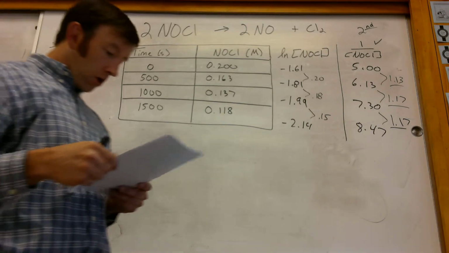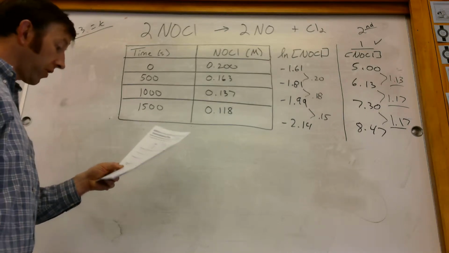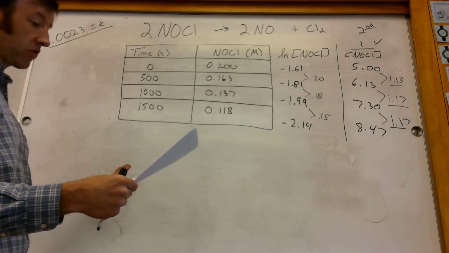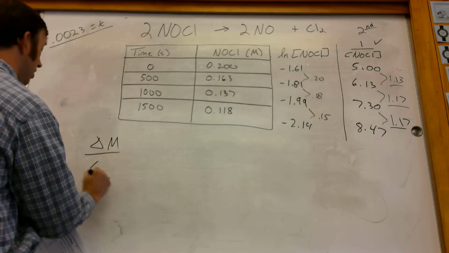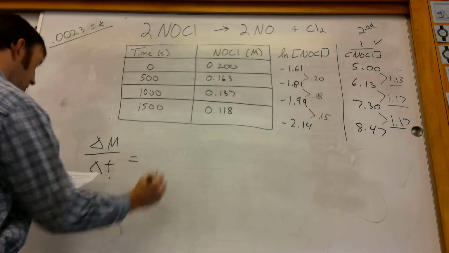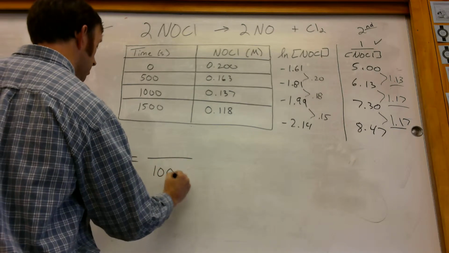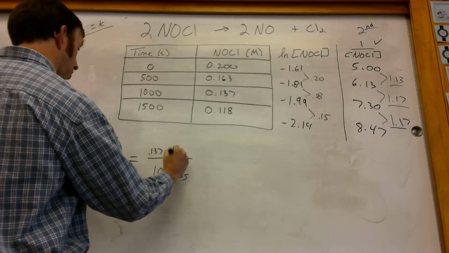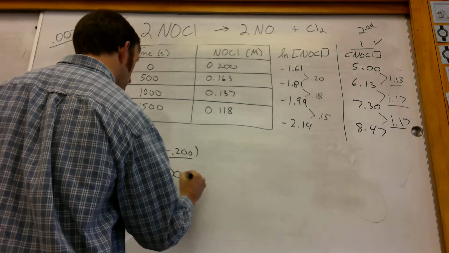All right. So letter D, it says what's the average rate of reaction between 0 and 1,000 seconds? All I'm going to do is calculate my average rate of disappearance, right? So I'm going to go change in molarity over change in time between 0 and 1,000 seconds, right? So my time interval will be 1,000 seconds. On the bottom, my change in molarity is 0.137 minus 0.200, over 1,000 seconds.